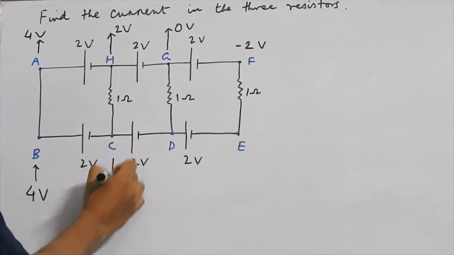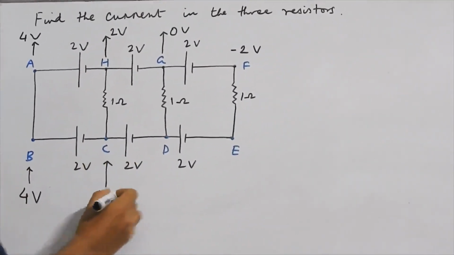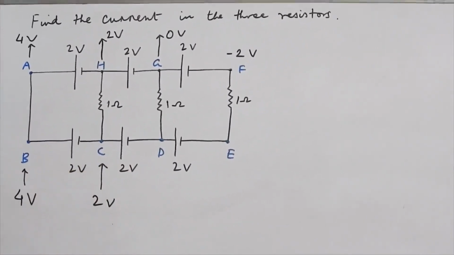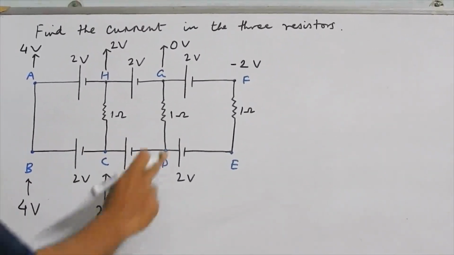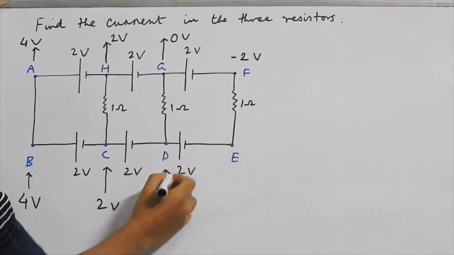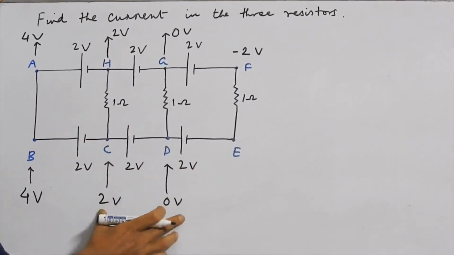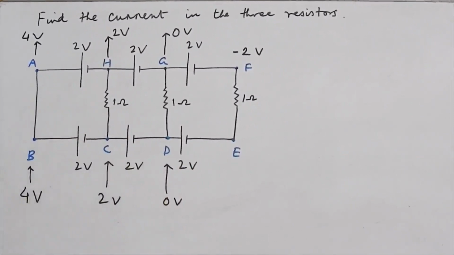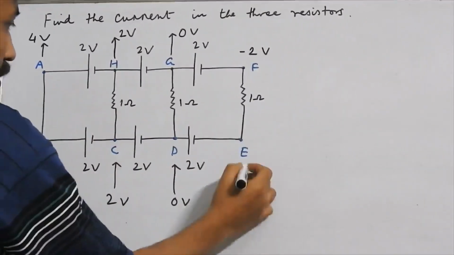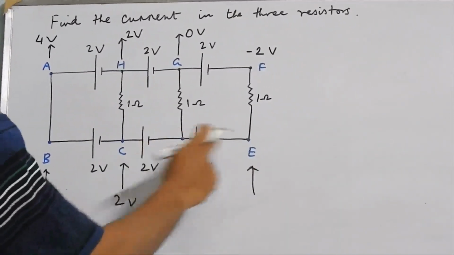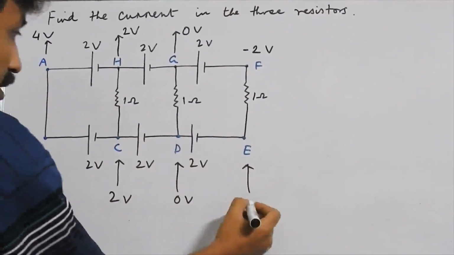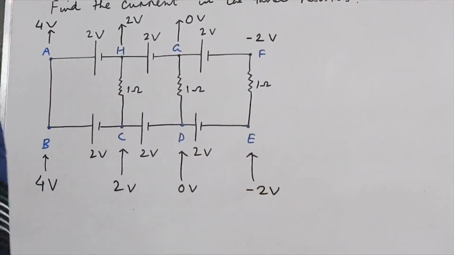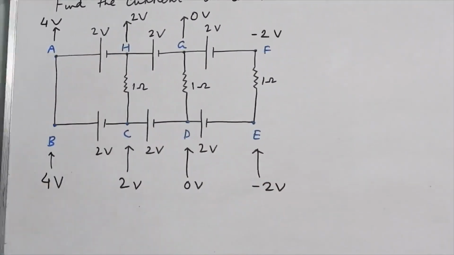So this point must be at 2 volt. So that 4 minus 2 is 2. Now with respect to C and D, this is 2 volt, D must be at a lower potential, 0 volt. So that 2 minus 0 is 2 volt battery. With respect to E, D is at higher potential, E is at lower potential. The effective potential difference must be 2 volt, so this is minus 2 volt. 0 minus minus 2 is 2.